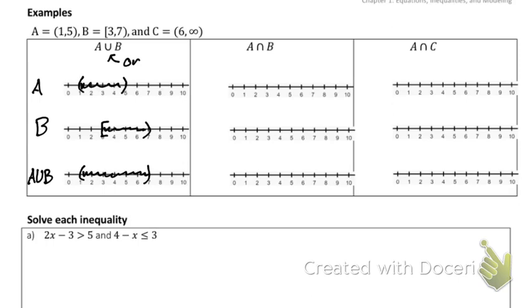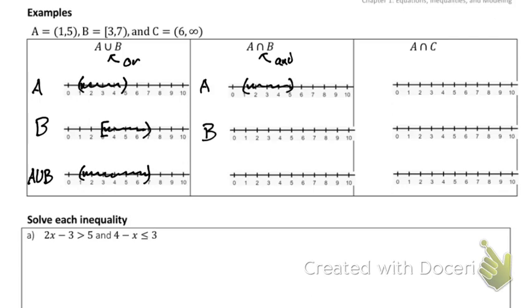Our next one is our intersection. In other words, our and. These are all the numbers that have to be in A and in B at the same time. So once again, our graph of A would look like 1 all the way to 5. Shade that stuff in.